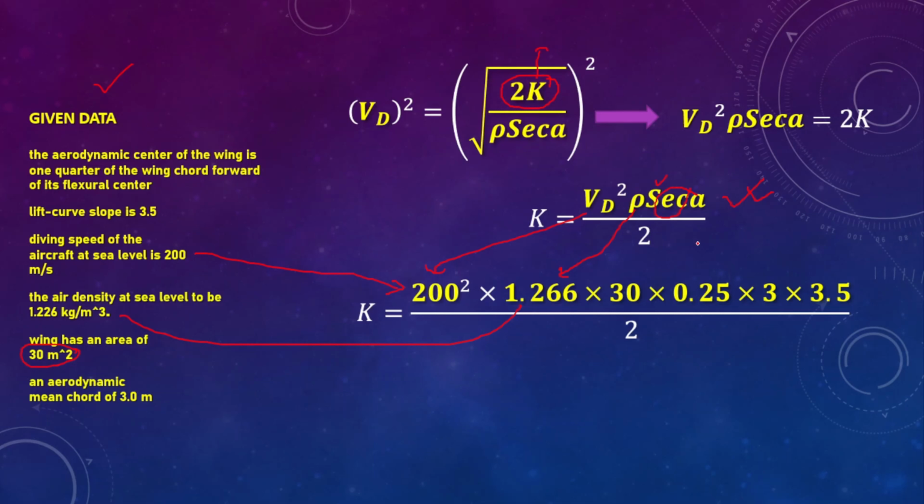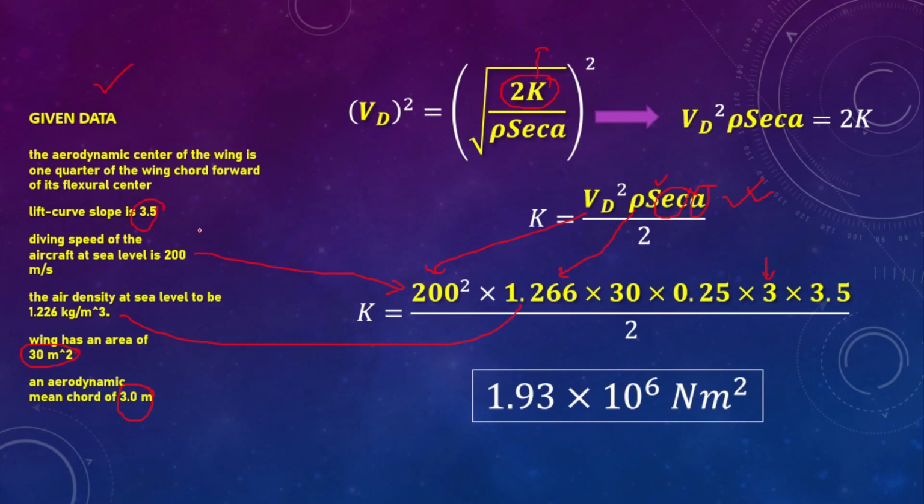EC, that means 2.5 times the chord length. The chord length is 3 meter, and we have the lift slope curve 3.5. Apply these values, you get this beautiful answer, 1.39 into 10 to the power 6 Newton meter squared.